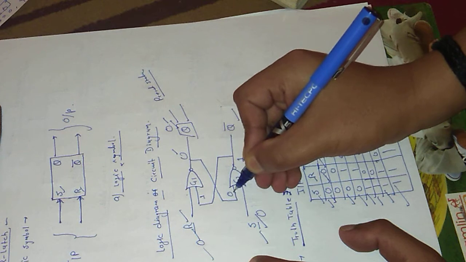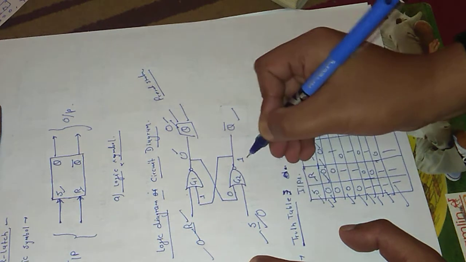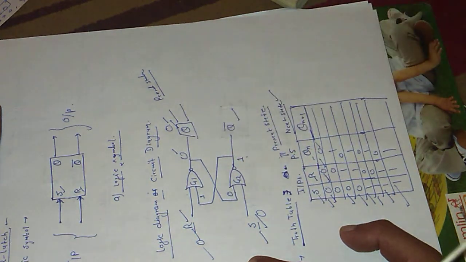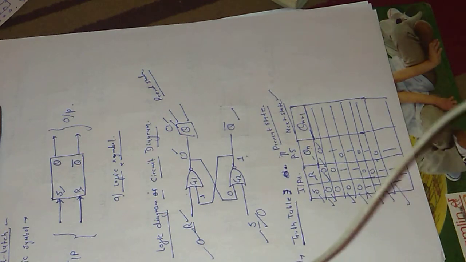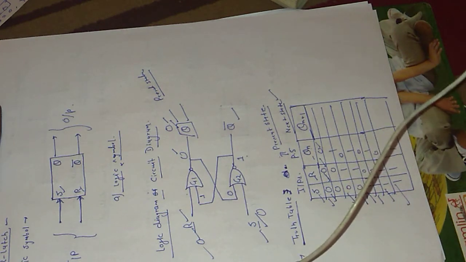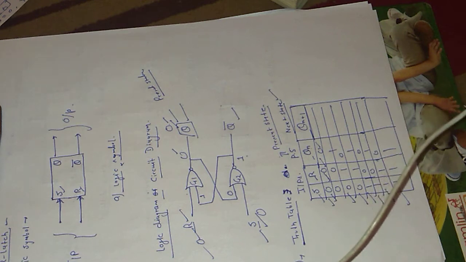Again this 0 goes back, and 0 NOR 0 gives 1 again. So our circuit is bistable.